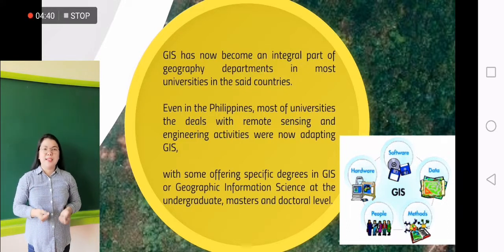Even in the Philippines, most universities that deal with remote sensing and engineering activities are now adopting GIS, with some offering specific degrees in GIS or Geographic Information Science at the undergraduate, masteral, and doctoral levels.